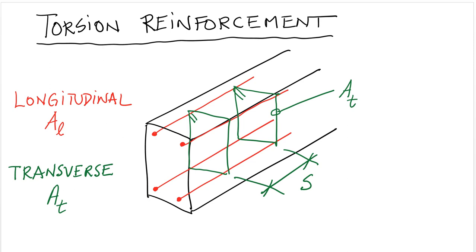Longitudinal is Al and transverse is At. Let's see what ACI recommends for each one of these.